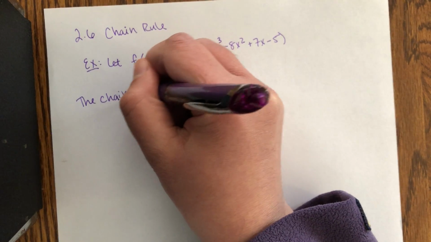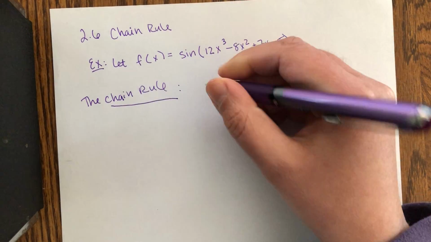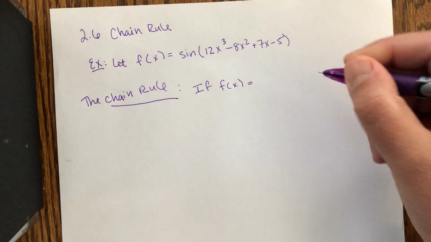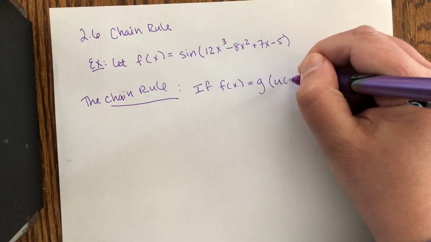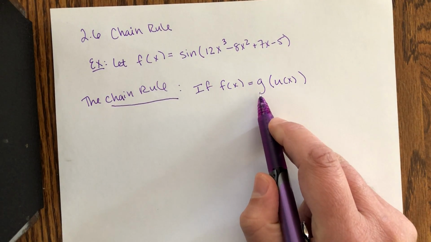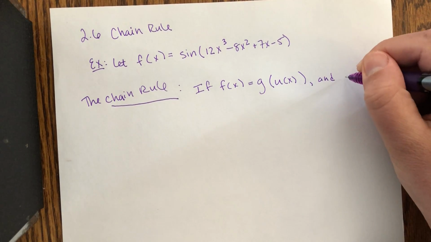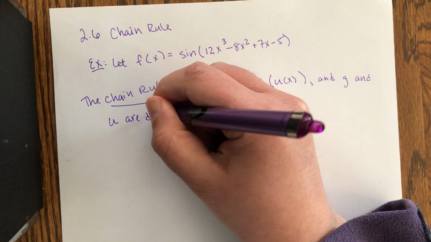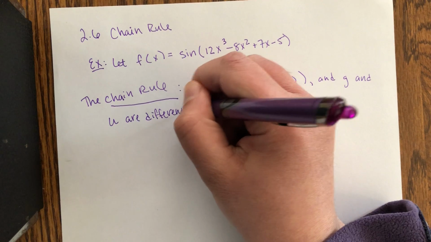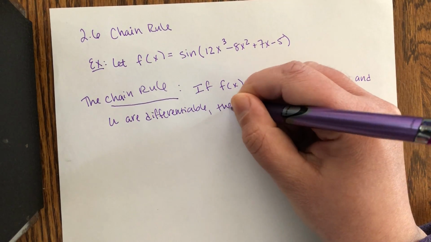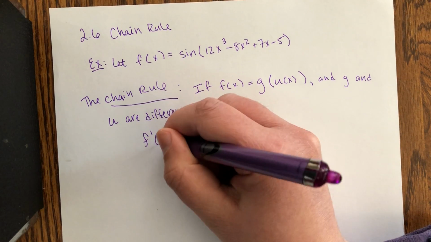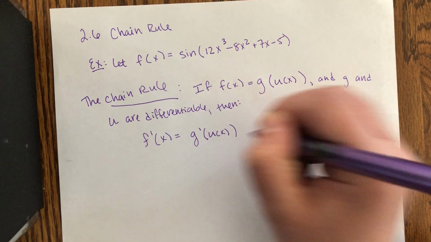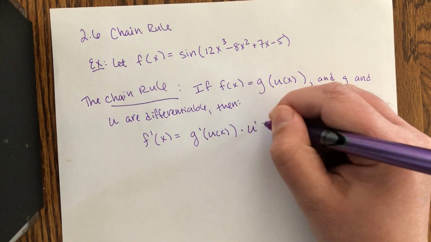The chain rule says that if you have a function f of x, which is a composition of two other functions, so let's say that it's a function u of x plugged into the larger function g, and if those two functions g and u are differentiable, right, if their derivatives exist, then we have that the derivative of f of x is equal to the derivative of g with respect to the inside function u of x times u prime of x.